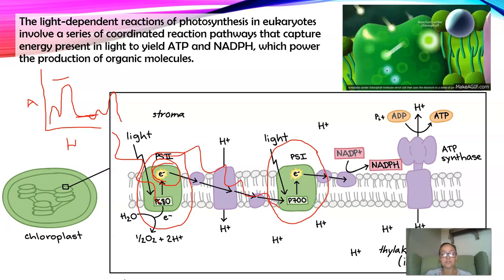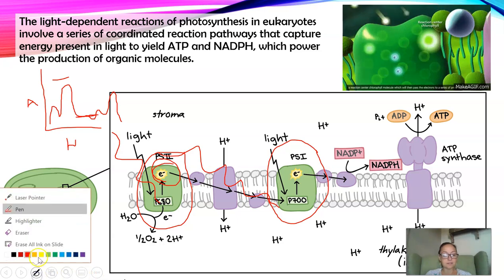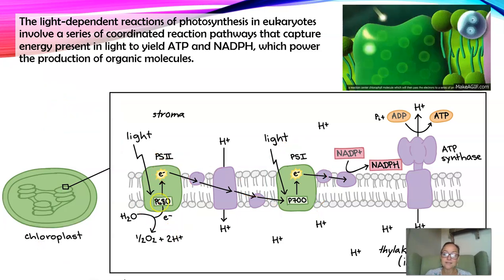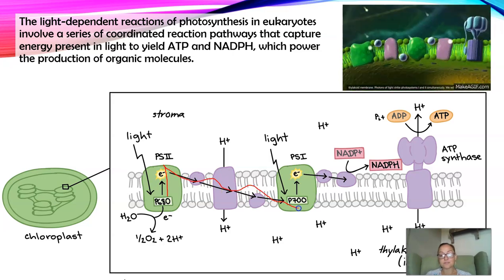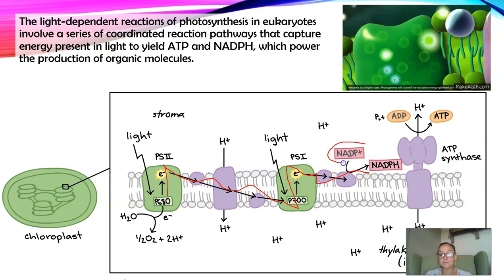Now, in order to replace those electrons, let me clear the ink. As the electrons break free from chlorophyll and enter into the electron transport chain, ultimately, the final electron acceptor is NADP+. It gains the electrons at the end right here, becoming reduced to form NADPH.